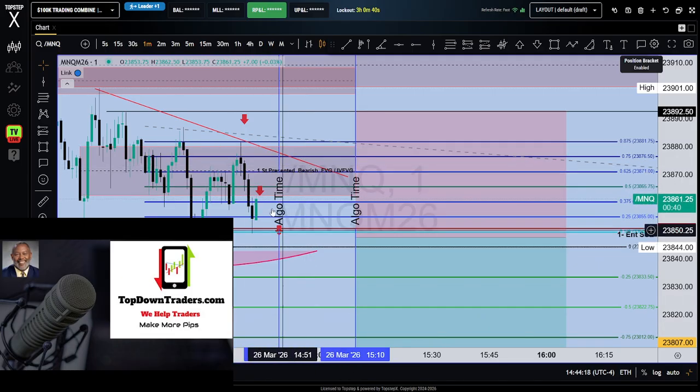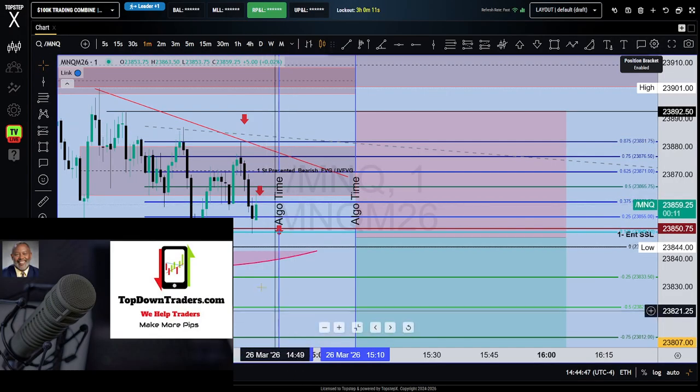Let's see how this algo or macro works. It's actually a macro, so algorithm, macro algorithm coded in the computer. A macro is a set of instructions that tells the computer to carry out. For example, it may say, go higher, to find the stops or the liquidity above, then run to the downside.